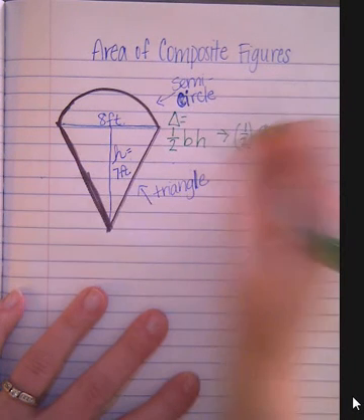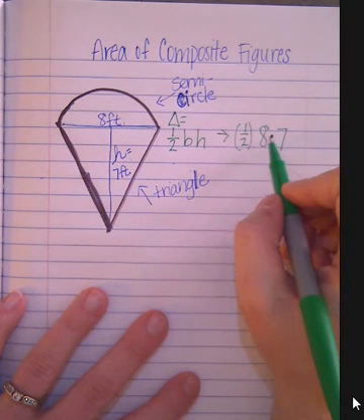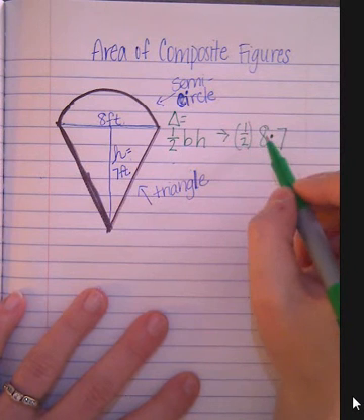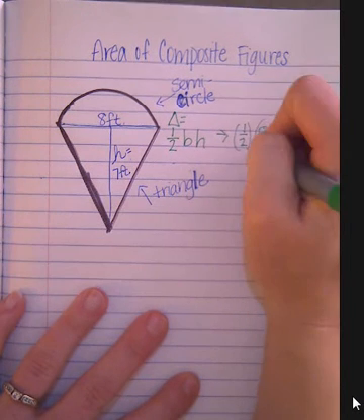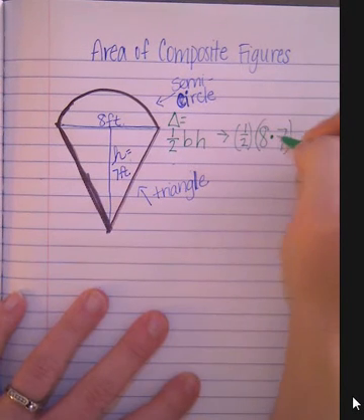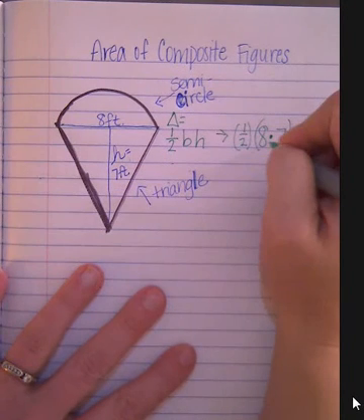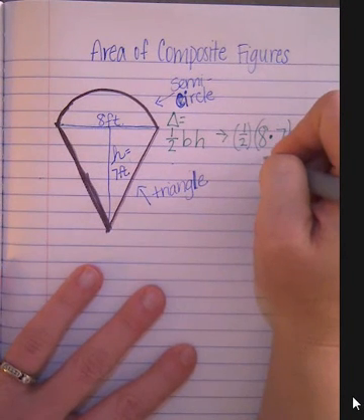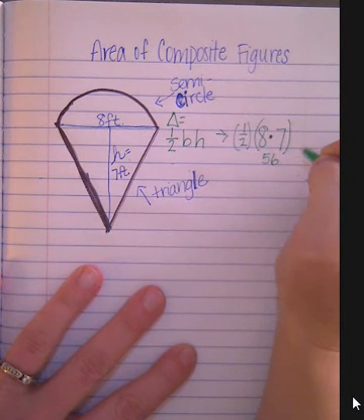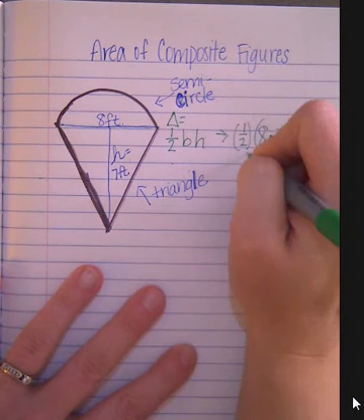Okay, so we need to go ahead and do the multiplication first. I just put this in parentheses so you would know it's kind of off to the side and you're multiplying it by this. You can put this in parentheses too, so you can group those together. So first what you need to do is 8 times 7. 8 times 7 is 56. And then you're going to multiply that times 1/2.